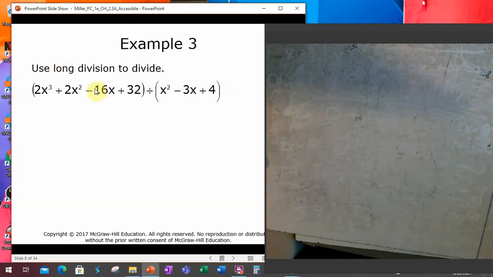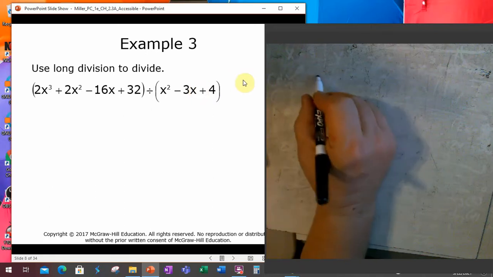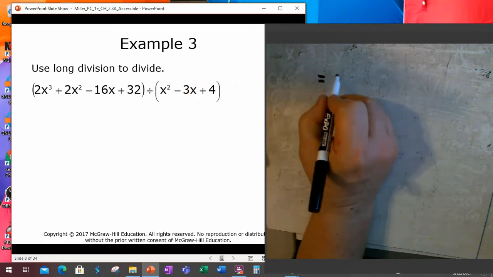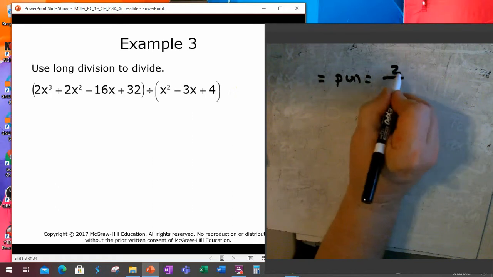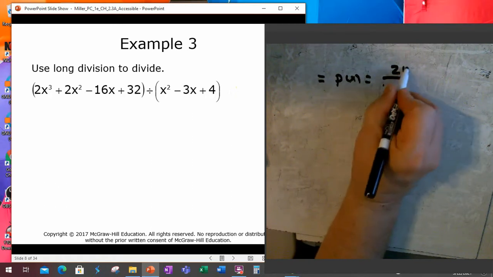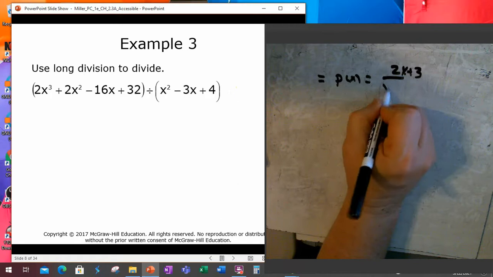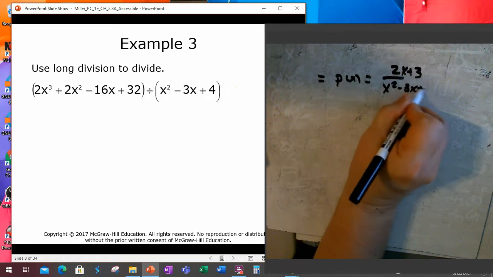And again, I want to be able to simplify this sometimes into some form where I've got some polynomial plus some little fraction, like 2x plus 3 over x squared minus 3x plus 4.